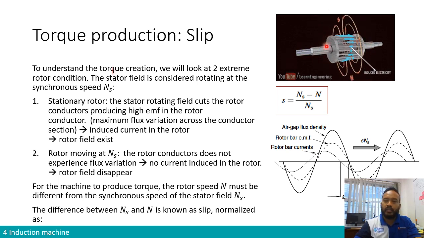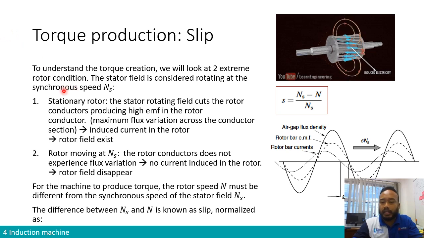What we have here is only the field line created by the stator, and imagine it is rotating at synchronous speed. Synchronous speed depends on frequency and the number of poles of the machine.